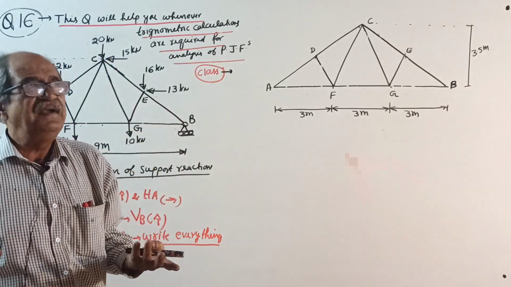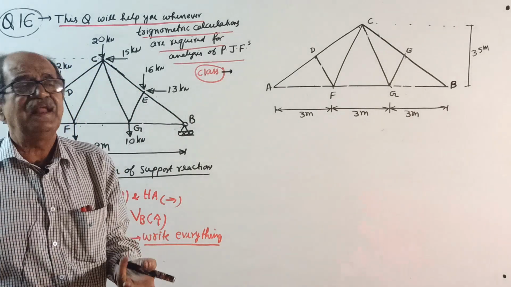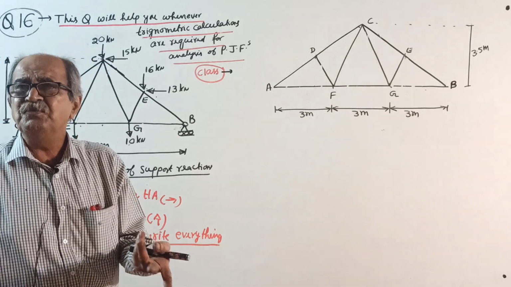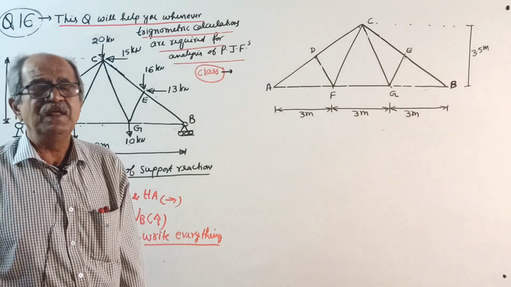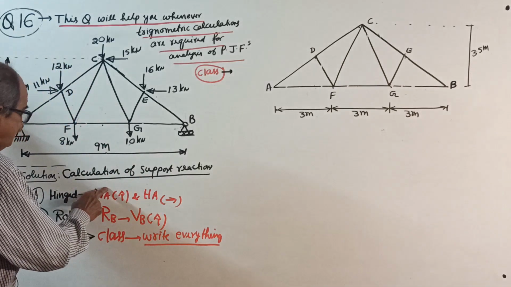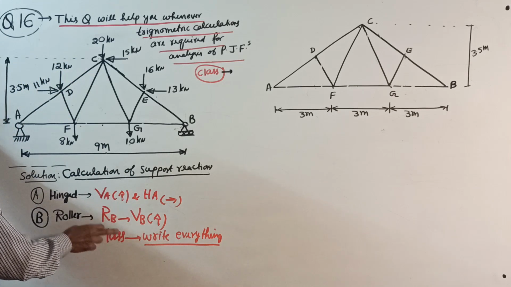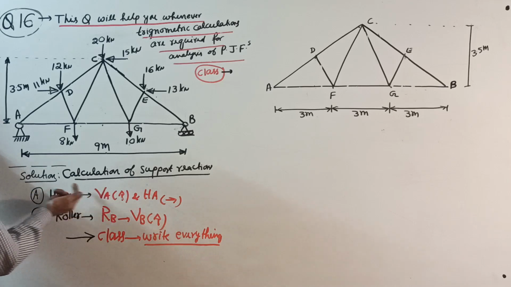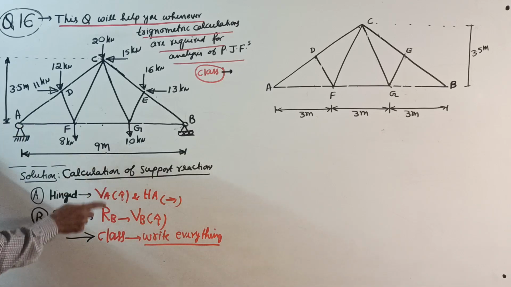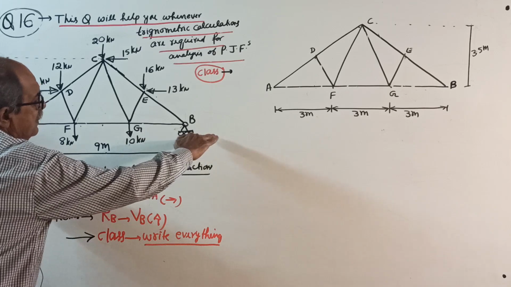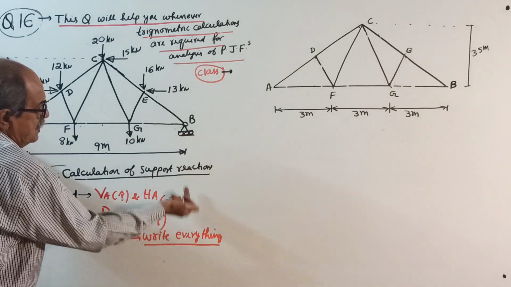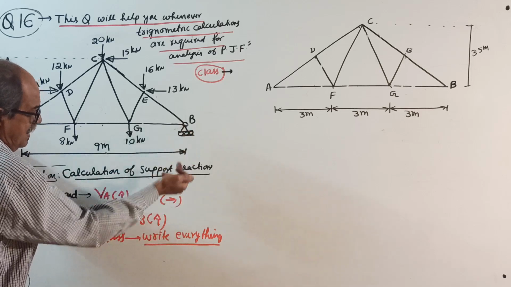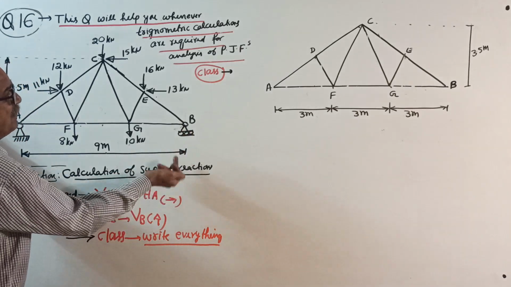If you know the direction 100%, assume that direction. If not clear, assume something. If wrong, negative will come. Now, this statement I will not write in future. See, A, hinged support. So, I will assume VA upward, HA right side. B is a roller on a horizontal plane, so the reaction is normal to the plane, RB will become VB upward.